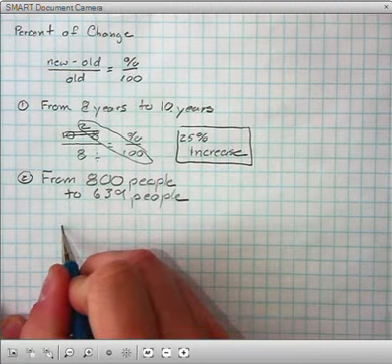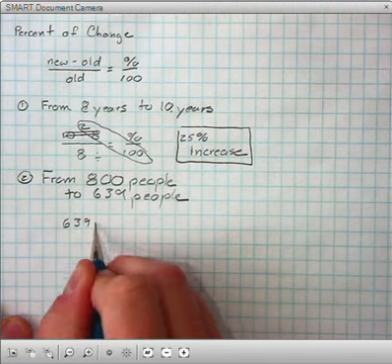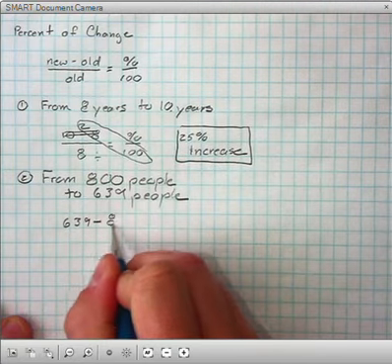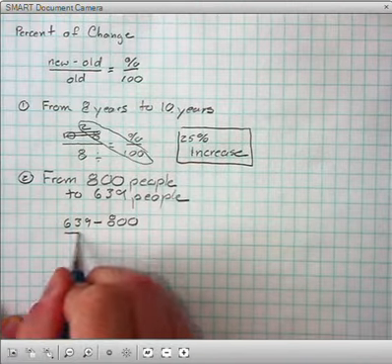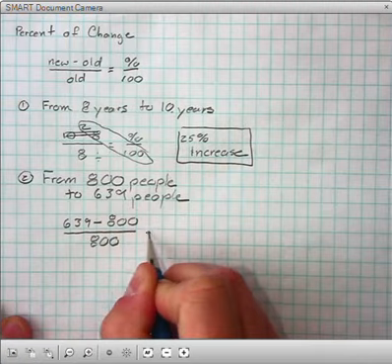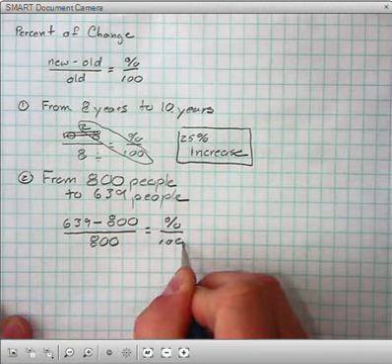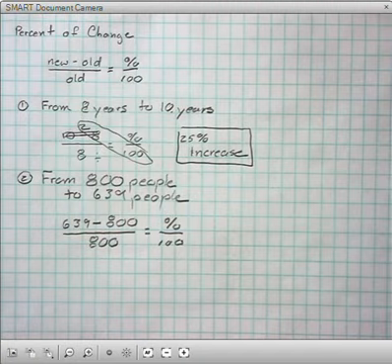We take our new amount, which is the 639 people, subtract our original number of people, 800, divide that by the original number of people. That'll equal our percent over our 100. And this one we solve the exact same way.